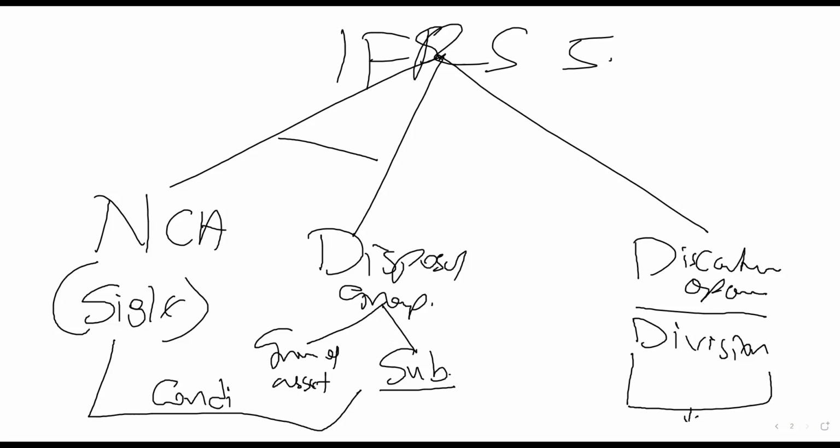So tell the examiner that a disposal group is nothing but a group of assets that are being disposed of together. A group of assets includes a subsidiary.